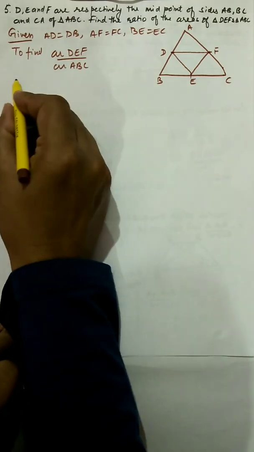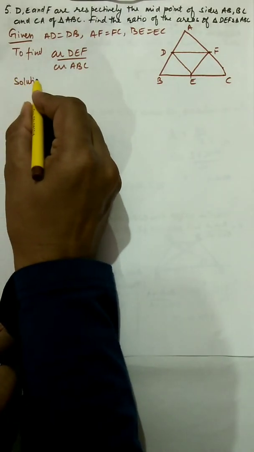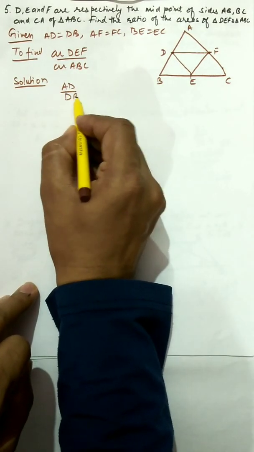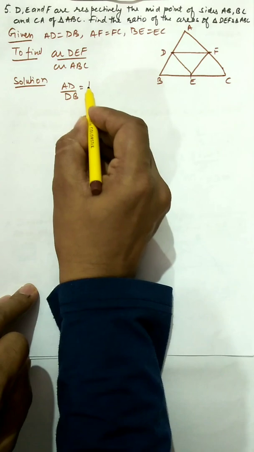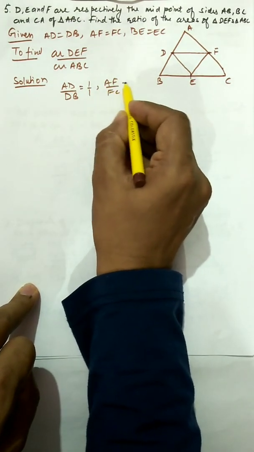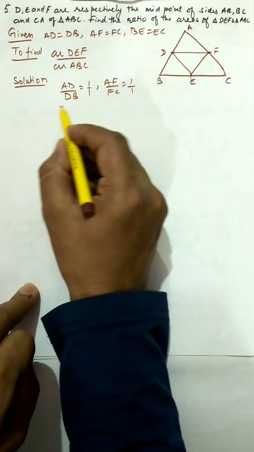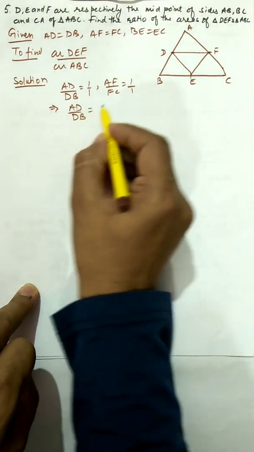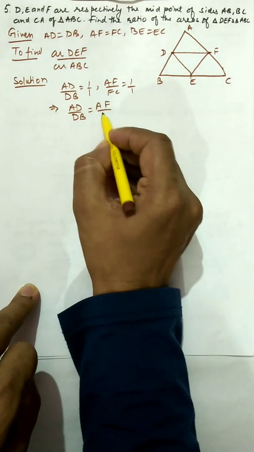So we write the solution. We know that AD upon DB is equal to 1 by 1. Also AF upon FC, they are equal, so this is 1:1. It implies that AD upon DB is equal to AF upon FC.